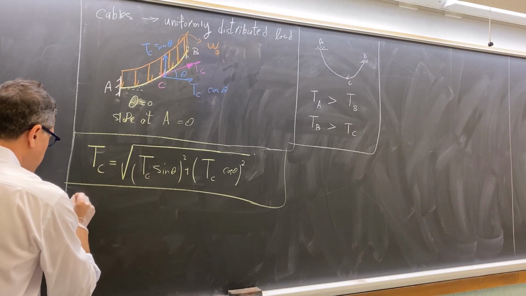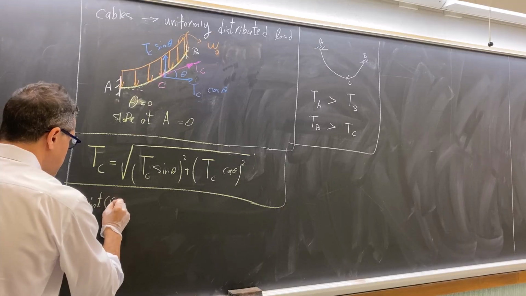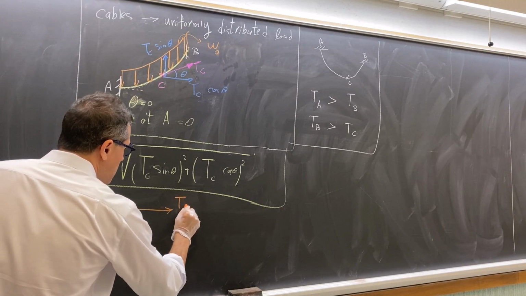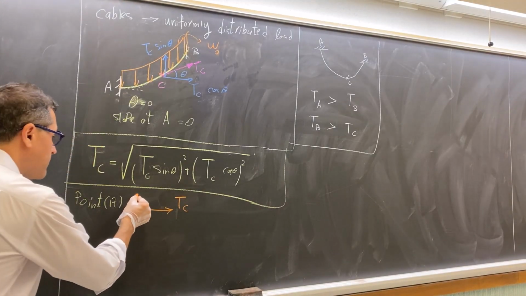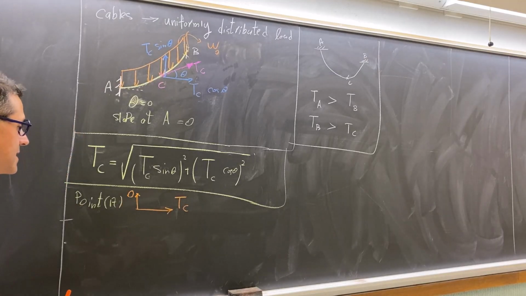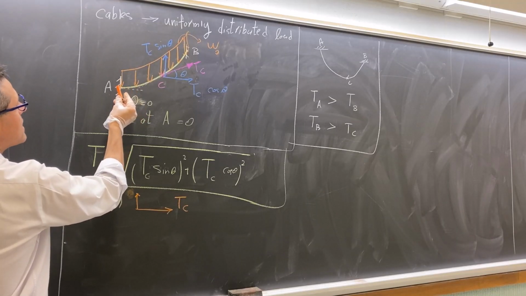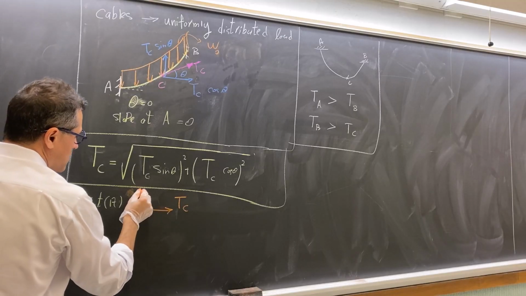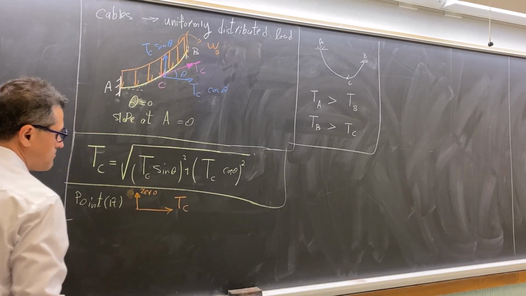So if you look at point A, what you have is just a horizontal tensile force, and we show it with TC. We don't have a vertical component of it. The vertical component is 0 because the tangent line to the arc at point A is horizontal. So the vertical one is 0.